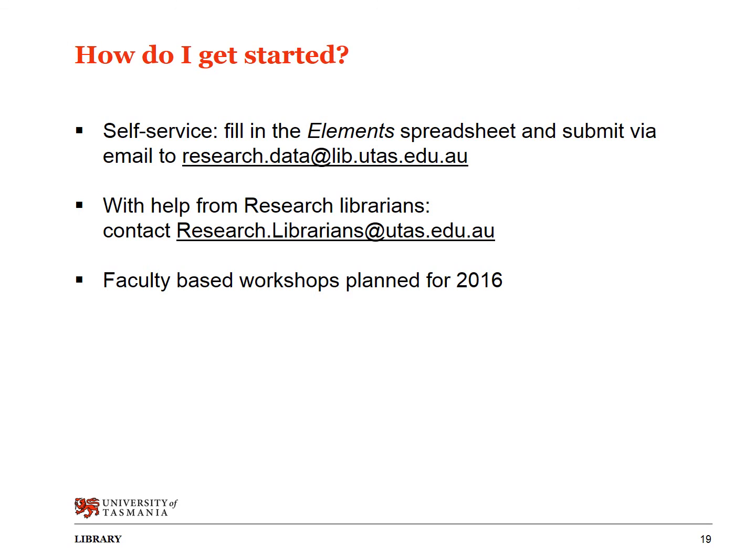You can email us at this email address here, research.librarians, and we can make an appointment with you and go through the spreadsheet. Also for 2016, we plan to hold some faculty-based workshops, and you will hear more about that in early 2016.